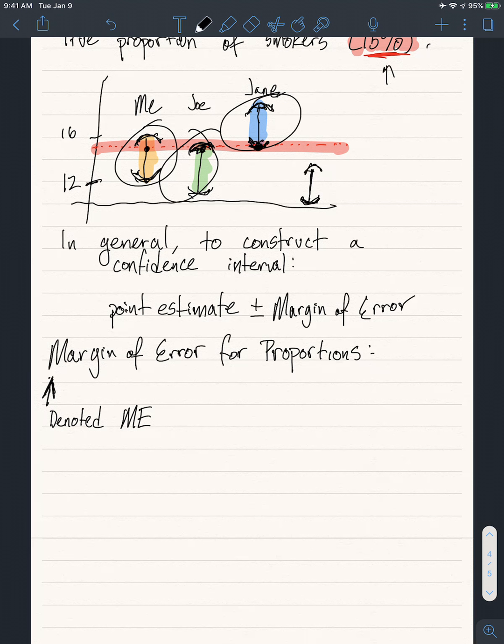Margin of error for proportions is equal to Z sub alpha over 2 times the square root of P hat Q hat over N.